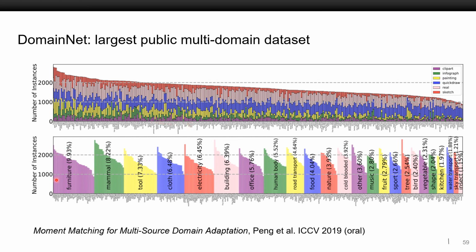And then the bottom graph shows the number of instances per type of object, where we have grouped objects into types like furniture, mammals, tools, and so on. So this is really going much further beyond just digits or a small number of categories, and trying to create a more diverse and more challenging benchmark.